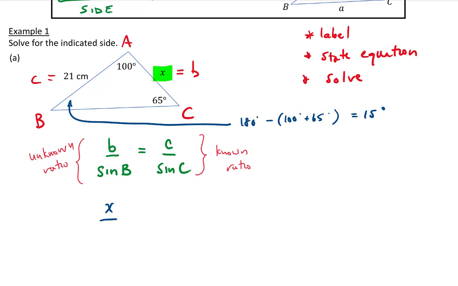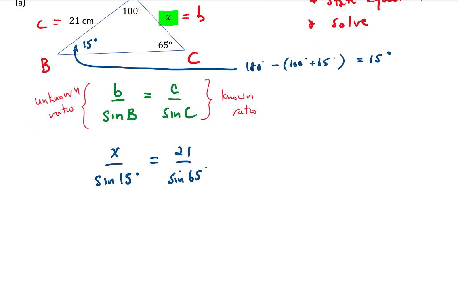So we have x over the sine of 15 degrees. That's what goes right here. And now we set up our known ratio, which is 21 over the sine of 65 degrees.